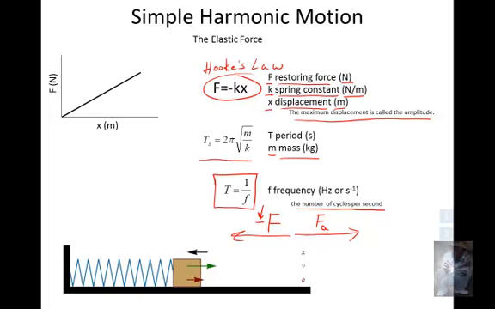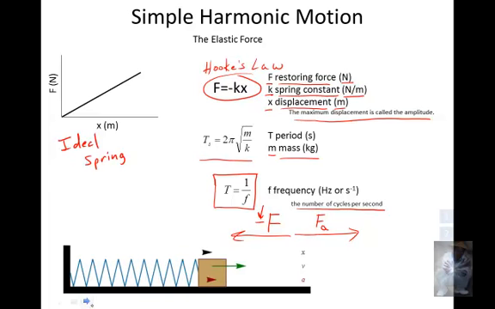If we graph what we call an ideal spring, so this is a graph of an ideal spring, we find some very important features of the graph.